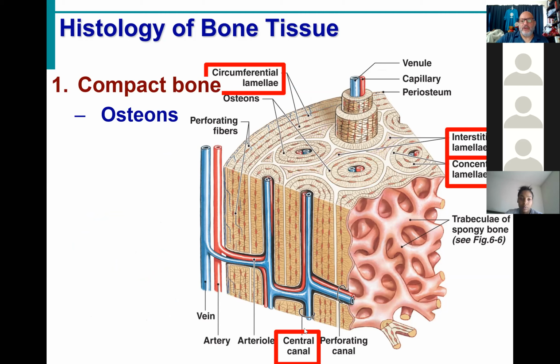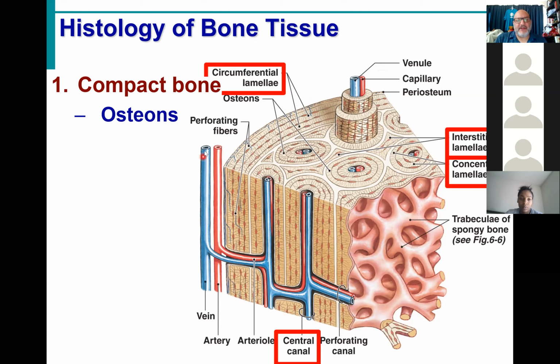Excellent. We know the central canals run down the center of the osteons that are like big straws. But notice also that if we just had the blood vessels running parallel within these, they would have to enter at one end of the bone and exit at the other end of the bone. And that's where we form our joints. So that's not very efficient.